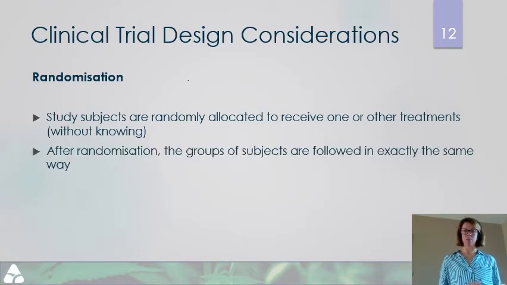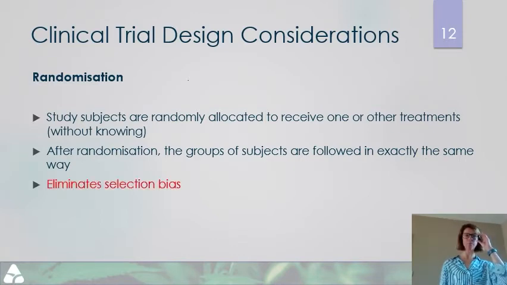And after they're randomized, those groups of subjects are followed in exactly the same way. So let's say it's a placebo trial, your placebo patients will have the exact same treatment, the same number of visits, the same number of outcomes measured as those that are in the active treatment group.